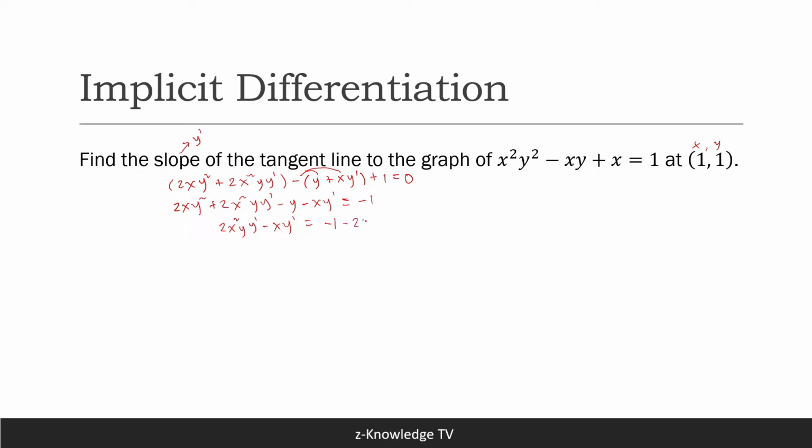So, minus 2xy squared plus y. Okay? Then, factor out natin yung y prime. So, matitira is 2x squared y minus x. So, equals minus 1 minus 2xy squared plus y. So, divide both sides natin by 2x squared y minus x.